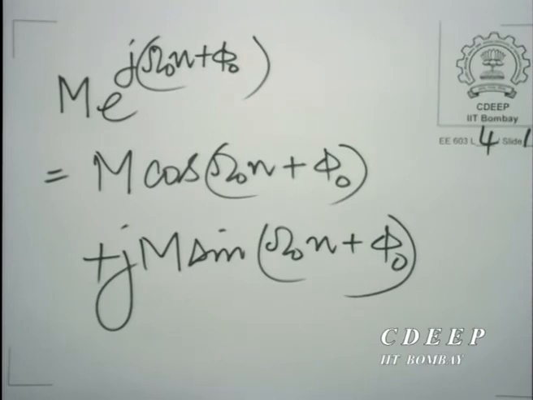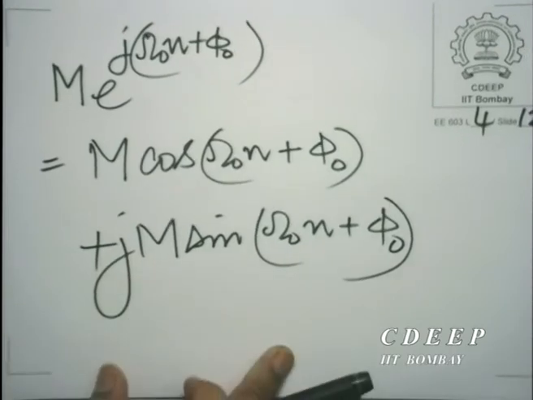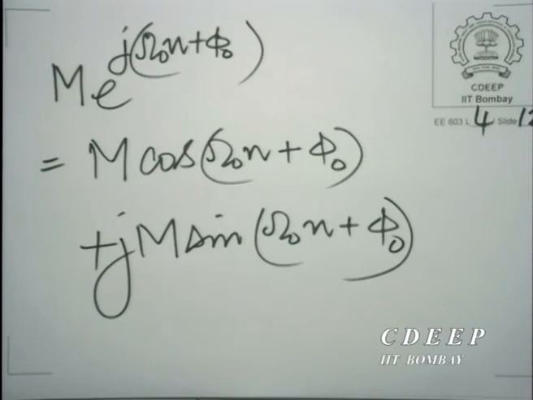So, now I see the connection. I also see the advantage of dealing with phasors. What I am going to do is think of a sine wave as the real or the imaginary part of a phasor.